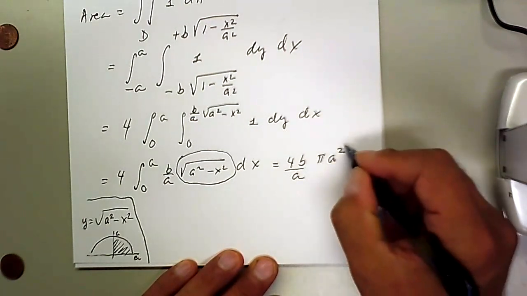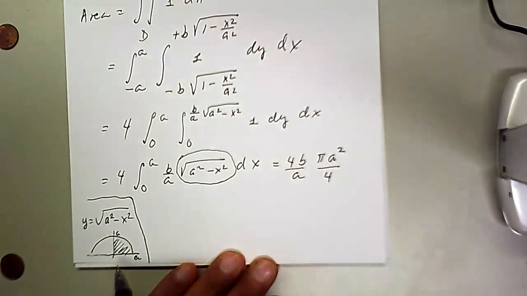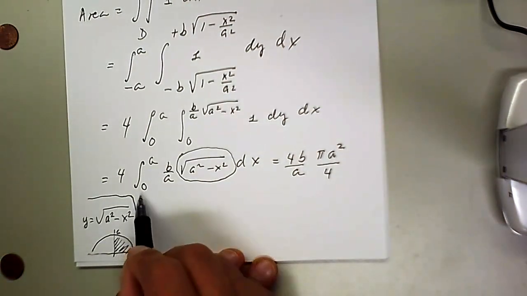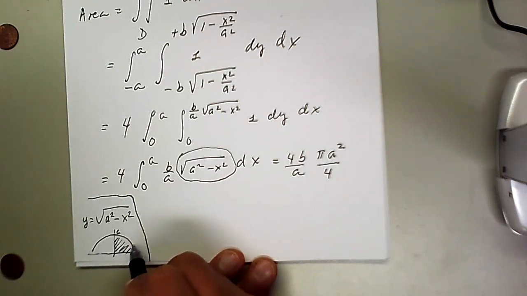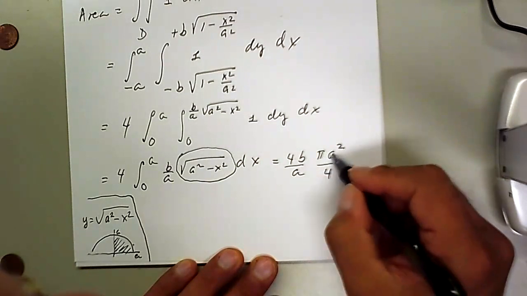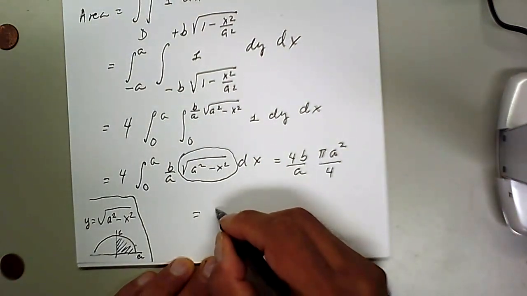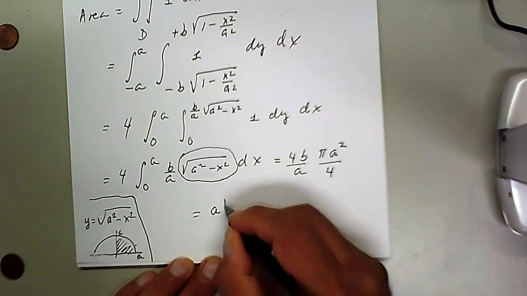So that is the area of a full circle. But we're just getting a quarter of it because we're integrating the upper half from 0 to a. So the 4's simplify, 1 a simplifies. So the final answer is a, b, pi.